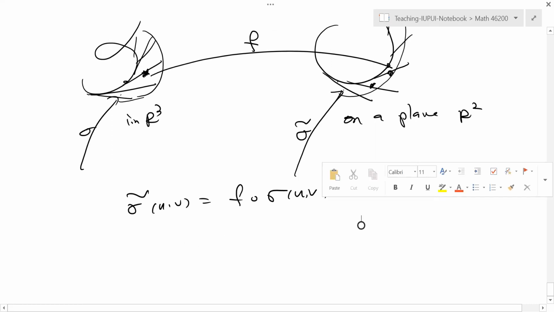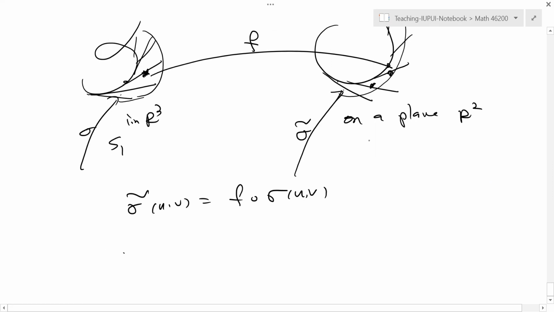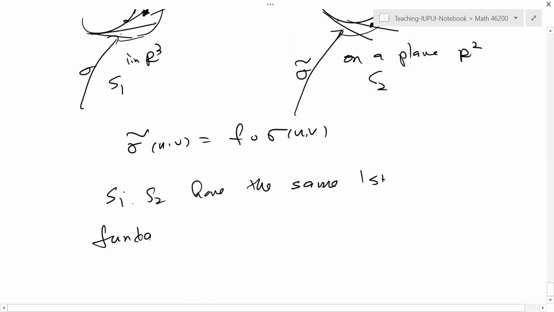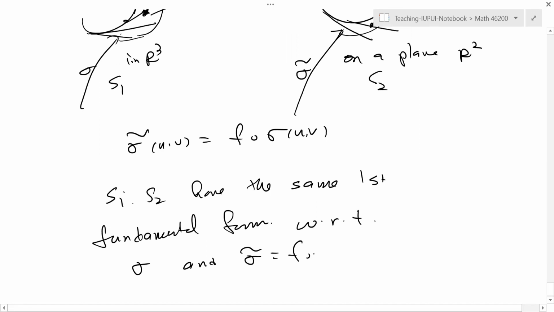S1 and S2 have the same first fundamental form with respect to sigma and sigma tilde.